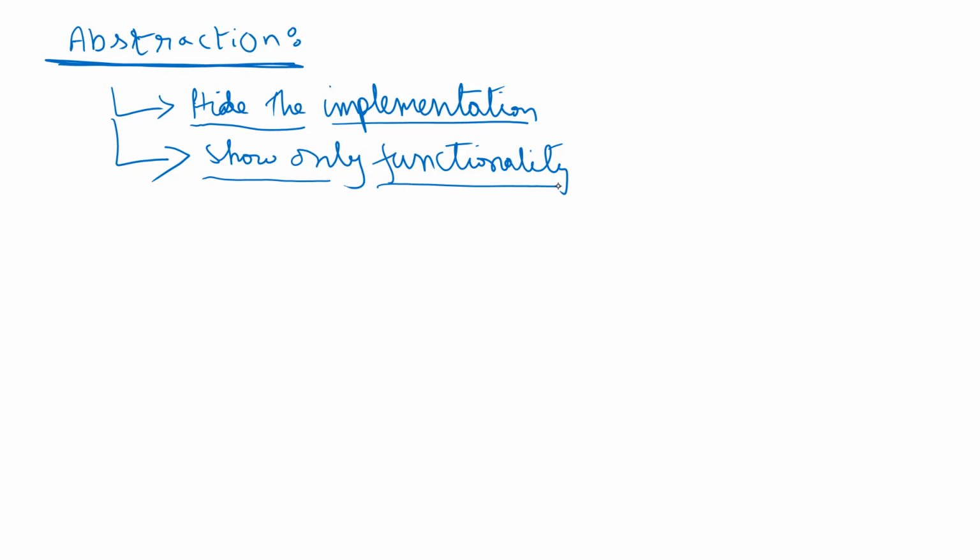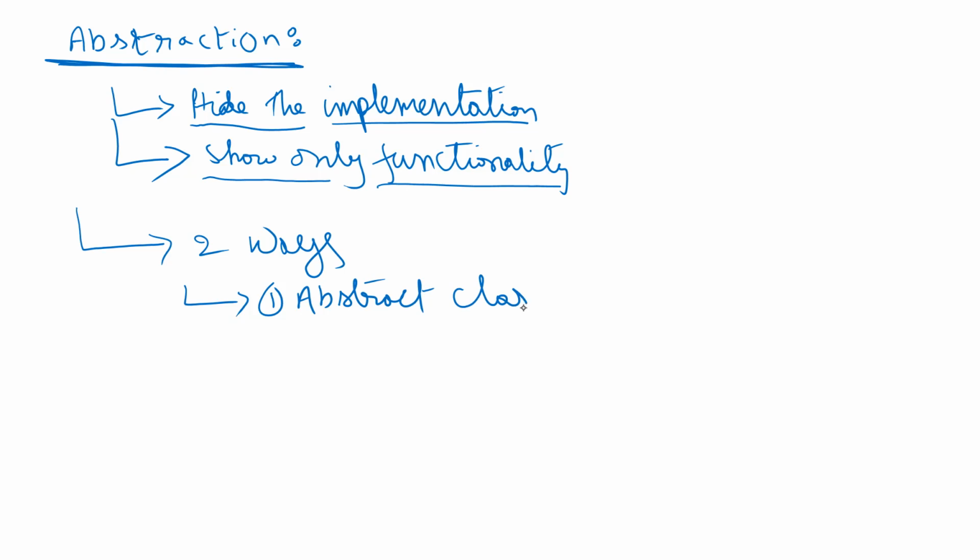So how do we achieve abstraction? We can achieve abstraction in two ways. One is using abstract classes, and second one is interfaces.